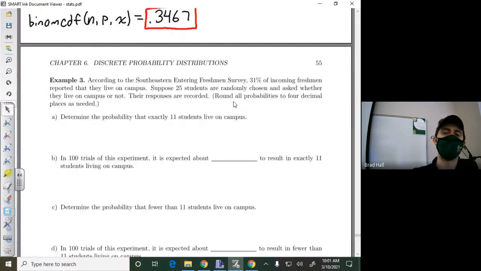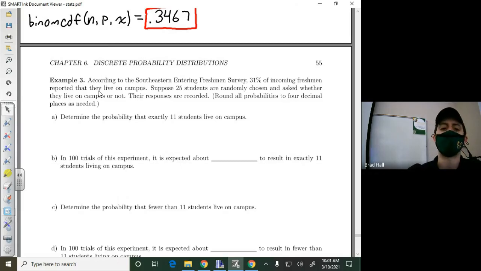So I think I've mentioned this before in class, but Southeastern has these surveys that they post online. Some surveys they don't keep up with as much, but according to the most recent entering freshman survey, 31% of incoming freshmen reported that they live on campus. Suppose 25 of these students are randomly chosen.